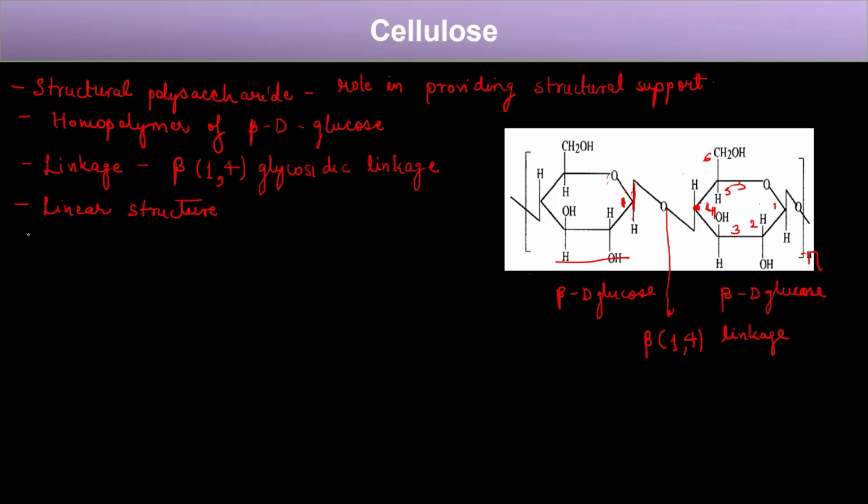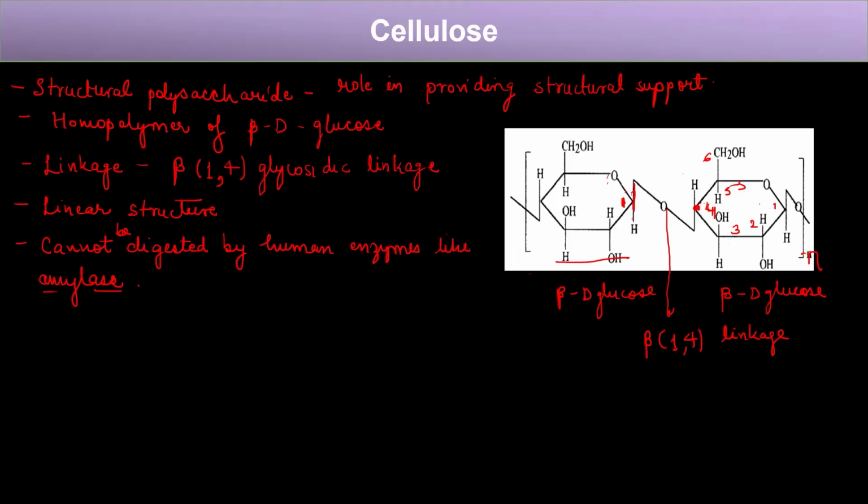The important thing is that cellulose cannot be digested by human enzymes like amylase. If you remember, amylase is used to digest starch. The only difference between starch and cellulose is that starch is made up of alpha D glucose, while cellulose is made up of beta D glucose.